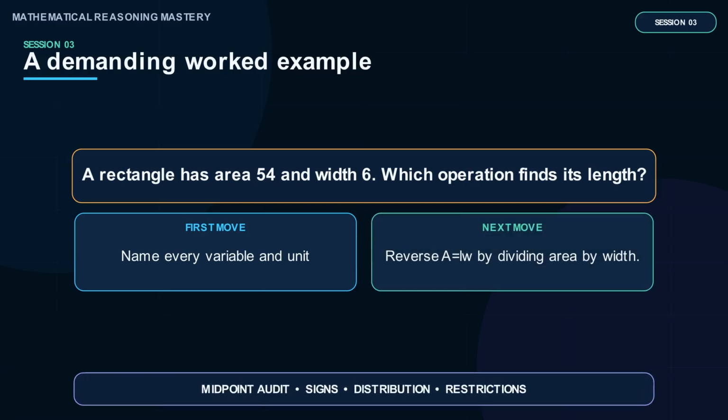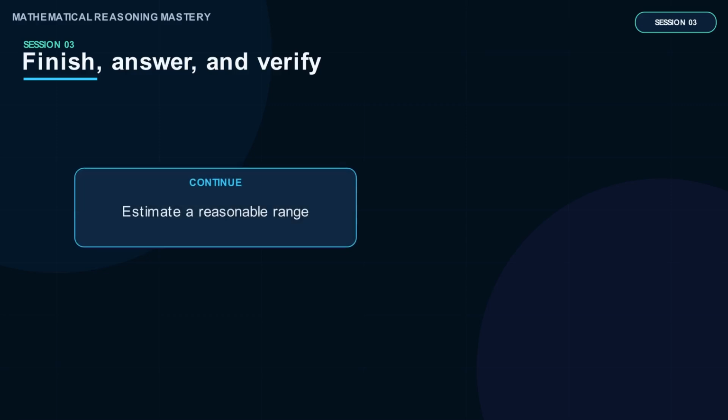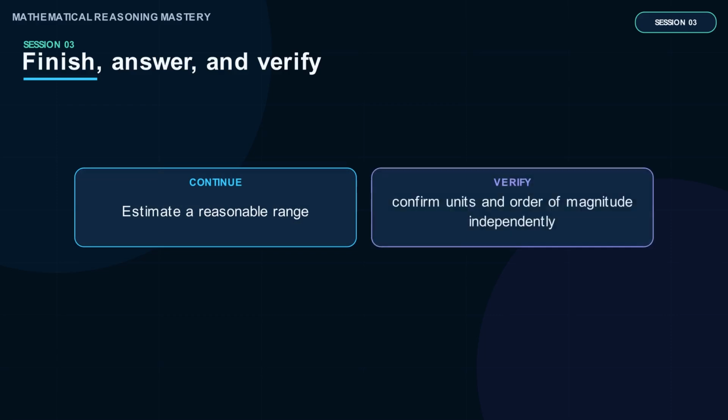Pause for a midpoint audit. Check copied values, signs, units, restrictions, and whether the current result is the requested quantity or only an intermediate value. Continue by applying this control. Estimate a reasonable range. The explanation supports one option without relying on its position. The mathematical conclusion is 54 divided by 6.